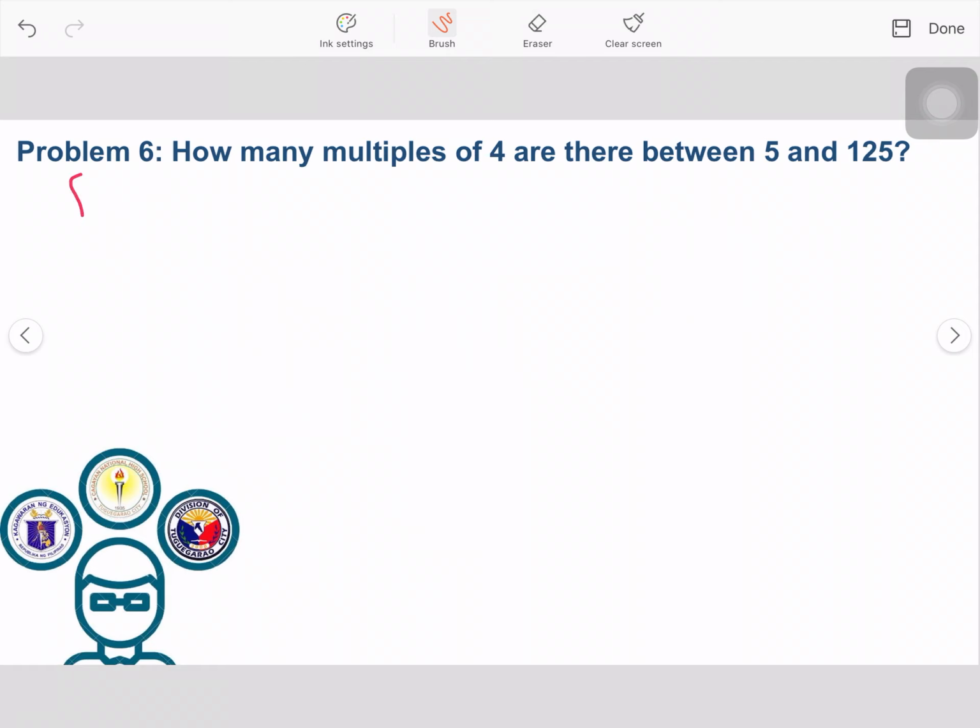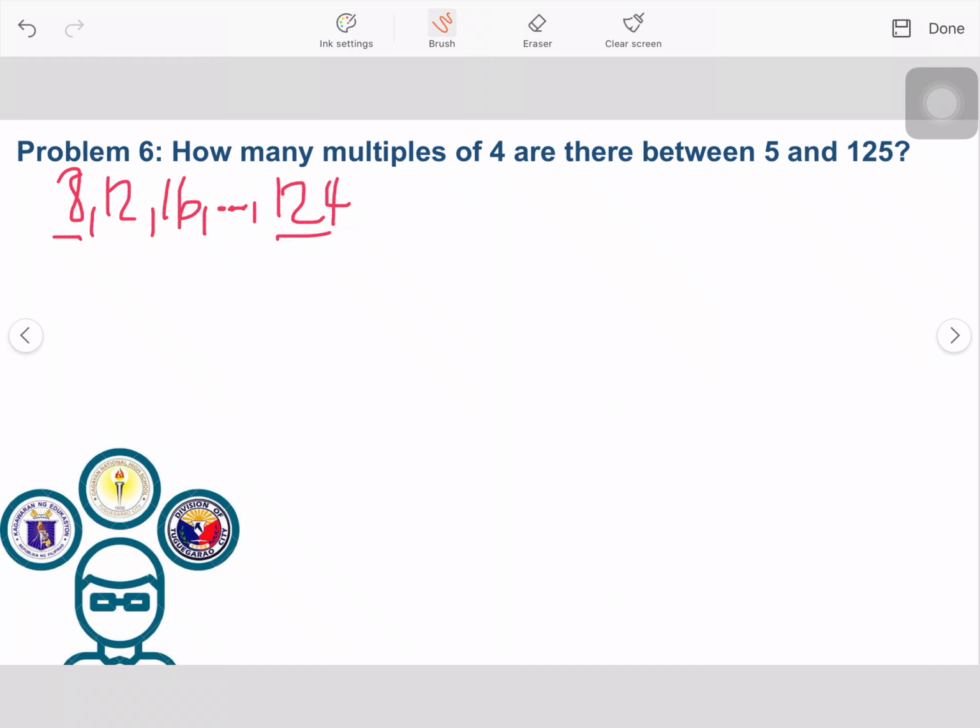That is 8, followed by 12, 16, and so forth until 124. 124 is a multiple of 4 that is close to 125. So, again, I know my first term is 8, my last term is 124, and my common difference is 4.